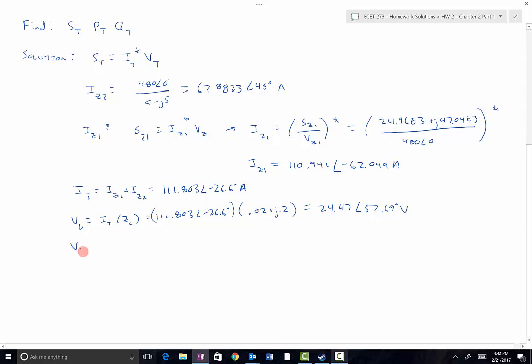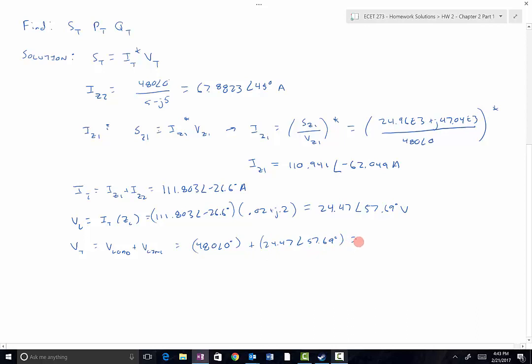And so the source voltage, or the total voltage, is going to be the load voltage plus the line voltage. So that's 480 angle 0 degrees plus 24.47 at an angle of 57.69 degrees.